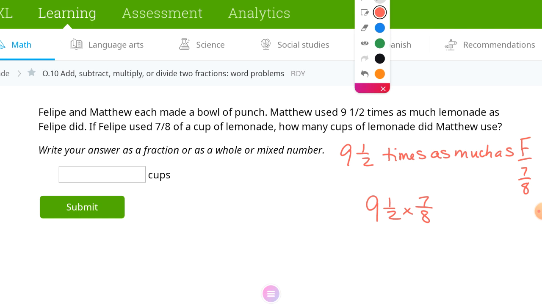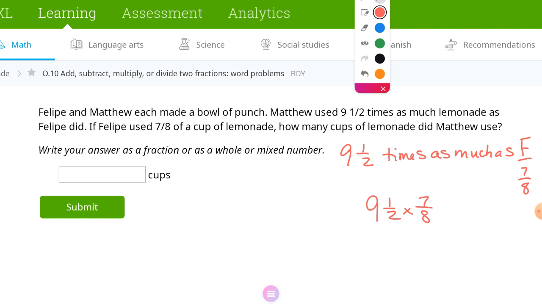Carter, do you already have this done? Who can tell me why 9 7/16 is a common wrong answer? 9 7/16.